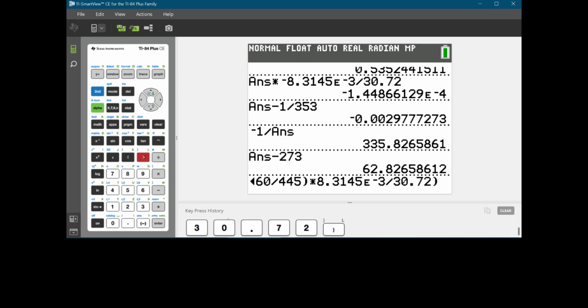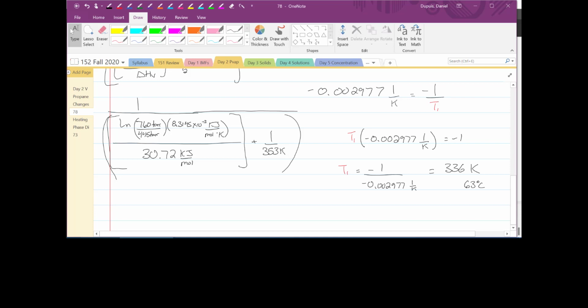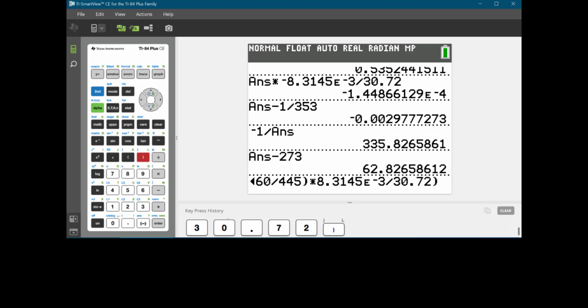Alright, and then hold on a second, let me go back here. Yep, we're going to add 1 over 353, plus 1 divided by 353. Close the parenthesis. And I think that's it.